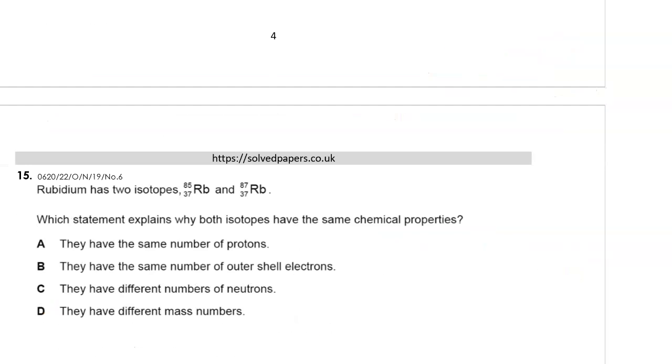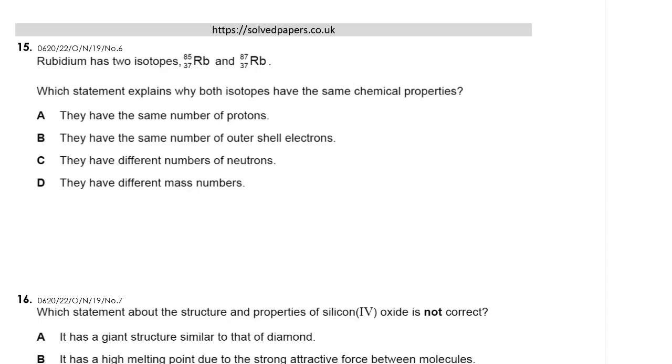Number 15. Rubidium has 2 isotopes, Rb85 and Rb87. Which statement explains why both isotopes have the same chemical properties? Of course, the number of protons in both of them is 37.